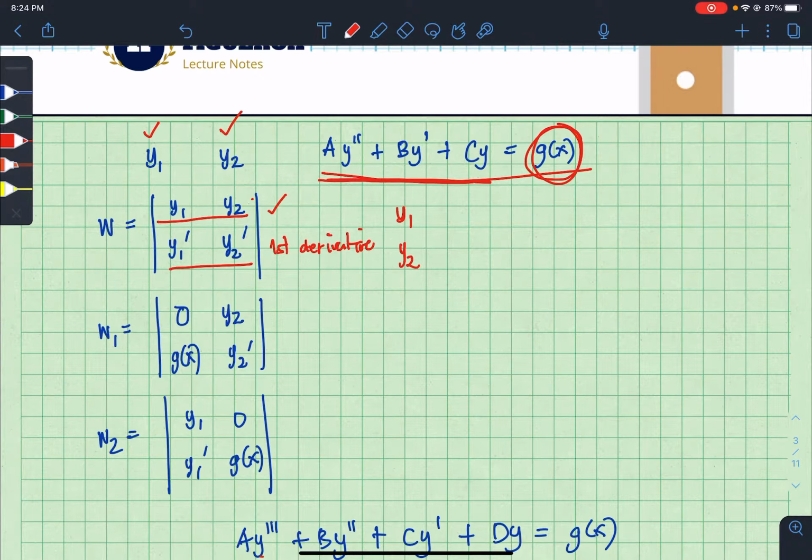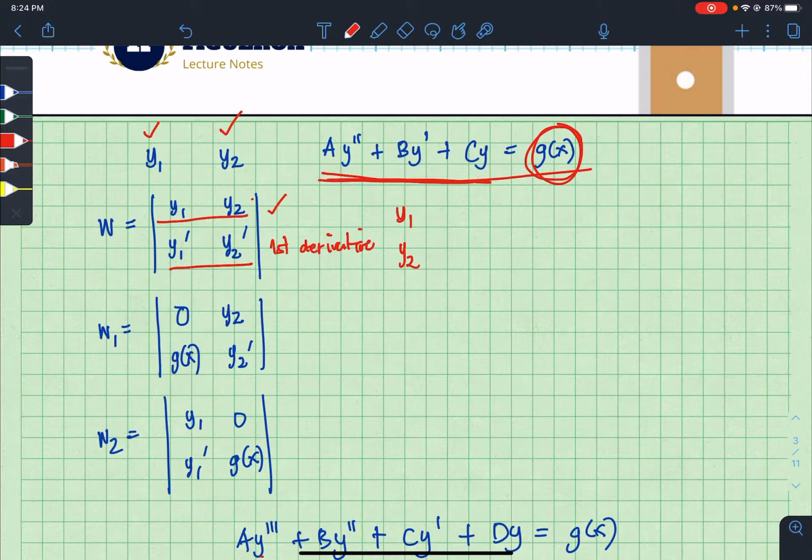So for w sub 1, we're just going to change the first column. If you're familiar with Cramer's rule, we're going to use Cramer's rule. Once we were able to form our w here, we're just going to change the first column.